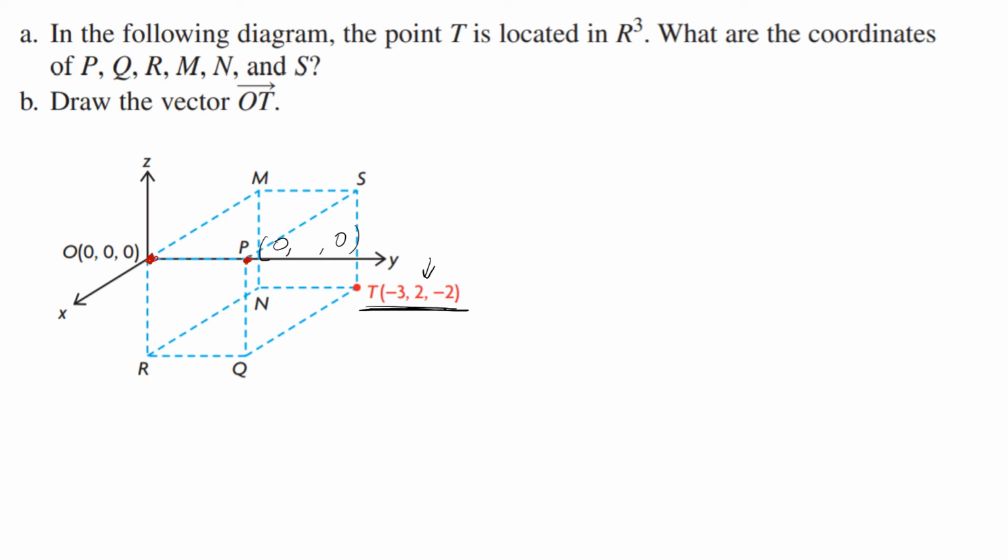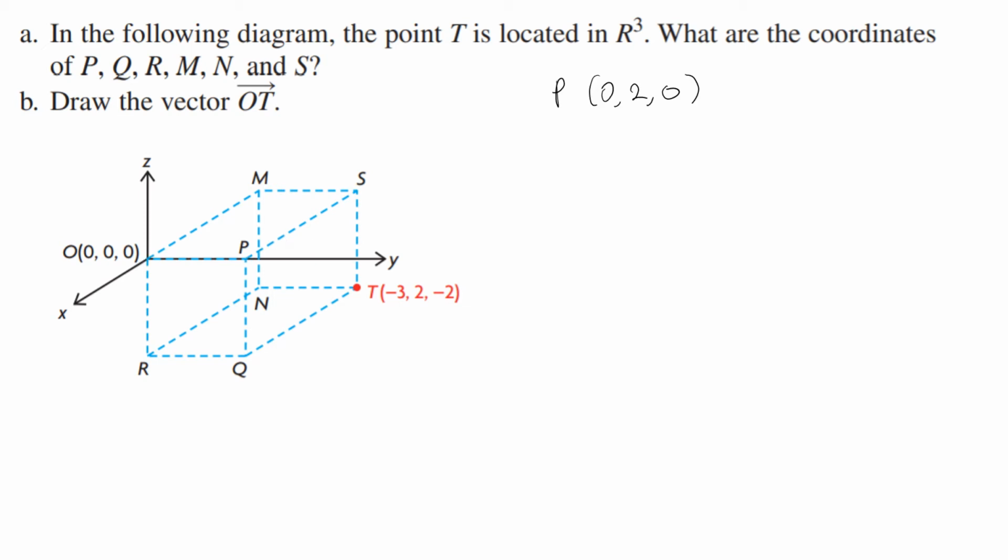And in terms of Y, T and P are on the same level. They only change in terms of Z and in terms of X. Okay, so I can put the same value provided to me by the T value, which would be 2. So the P coordinates would be 0, 2, 0.